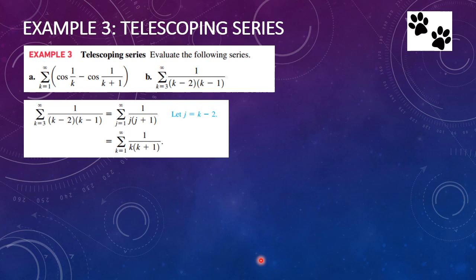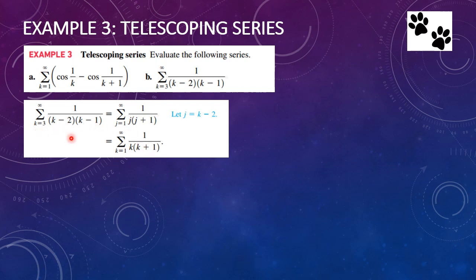Because the initial value of the index is k equals 3, the nth partial sum involves n terms that run from k equals 3 to k equals n plus 2, which is somewhat awkward. The nth partial sums are most easily written when the initial value of the index is k equals 1. So we're going to re-index the original sum by using the substitution j equals k minus 2.